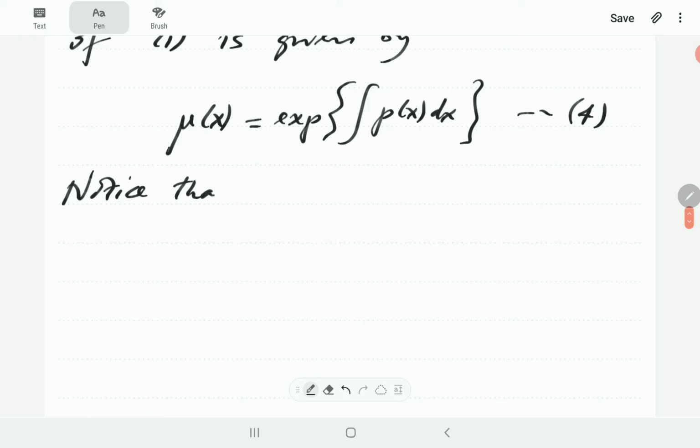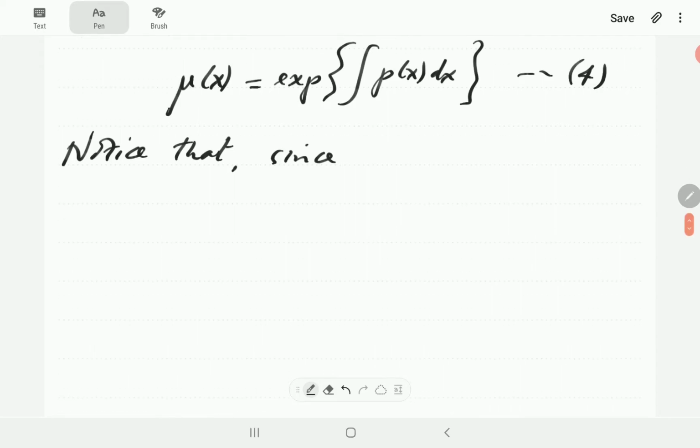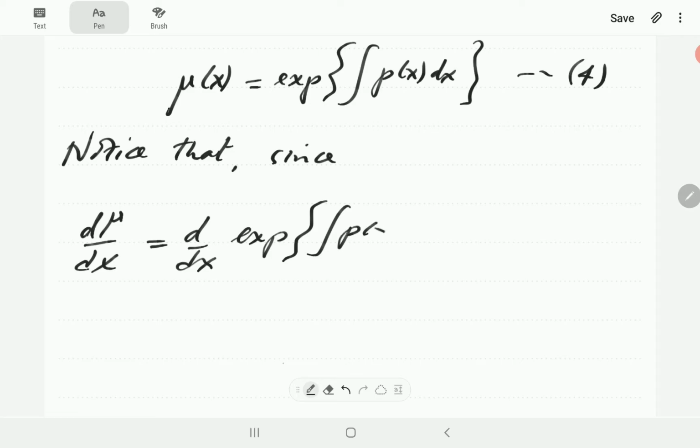Notice that if we differentiate equation number 4, d mu dx, it's going to be d dx of the exponential of the integral of that.